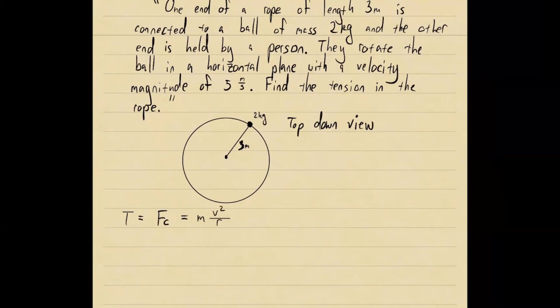So we know that the mass is 2 kilograms. We know that the length of the rope, or the radius of our circle, is 3 meters. And we know that the speed that this thing is being flung around with has a magnitude of 5 meters per second.